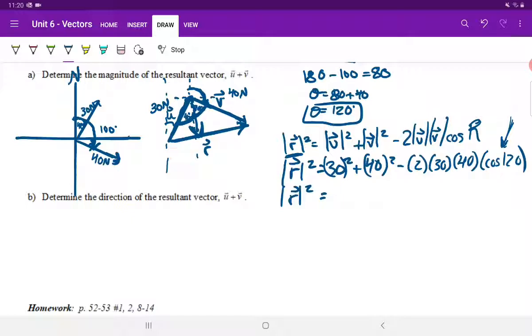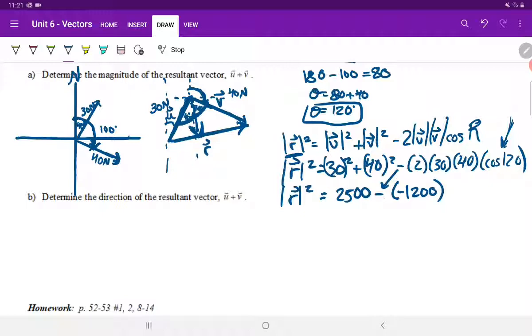Okay, and now let's work this all out here. We've got 30 squared plus 40 squared is 2,500. Bring down your minus sign. And you get 2 times 30 times 40 times the cos of 120, which is negative 1,200.